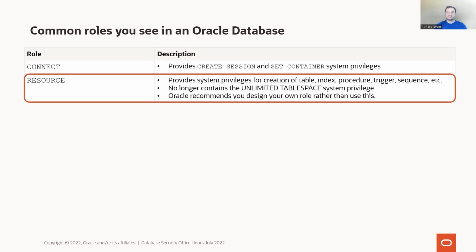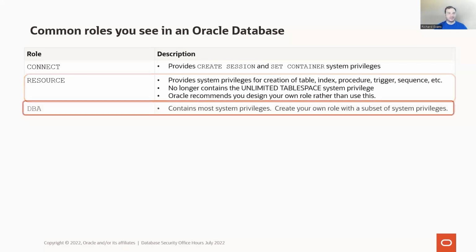If it's an application, that makes sense. But if it's a user who just needs to create tables in their environment or maybe an index, we've overprivileged that user and they're never going to use those privileges. So let's minimize that.